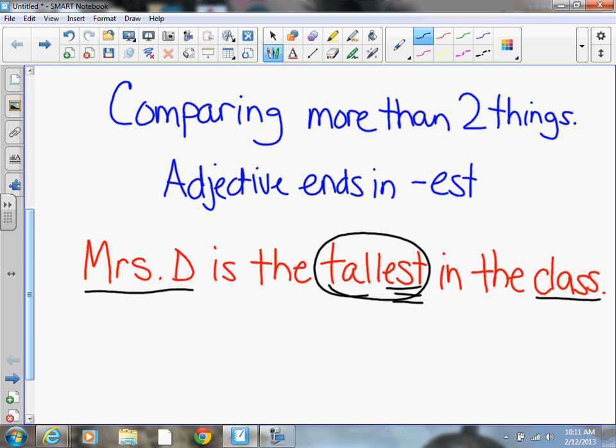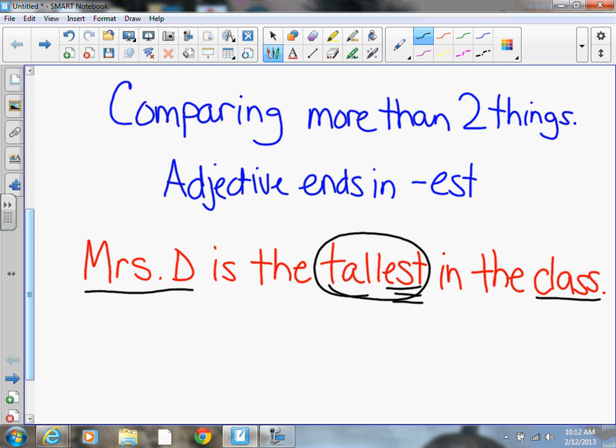Does that make sense? Anytime you're comparing two people or two things, it ends how? Two things. ER. Owen's shirt is brighter than Bella's. I'm comparing two things. Owen's shirt and Bella's shirt.